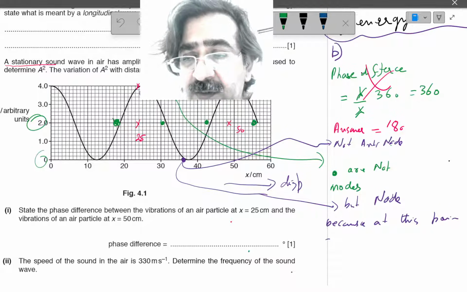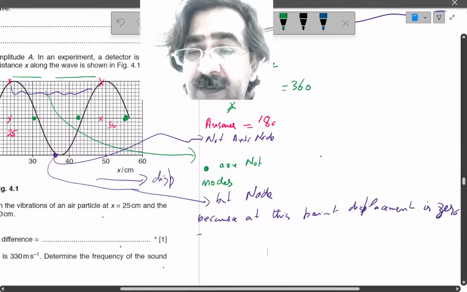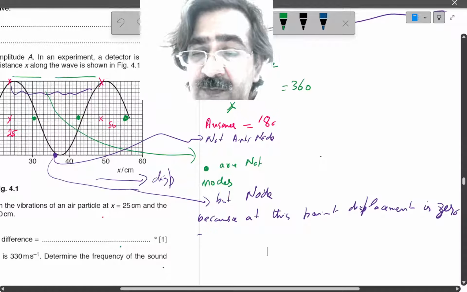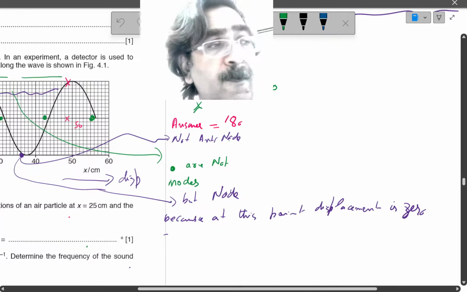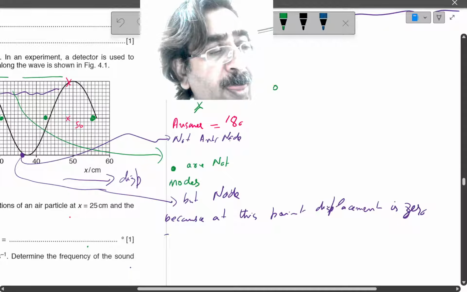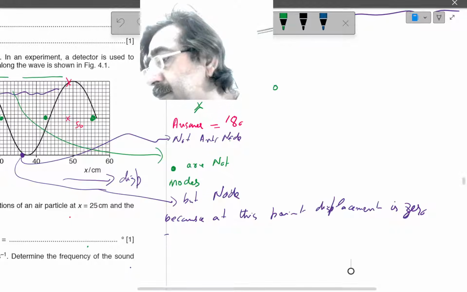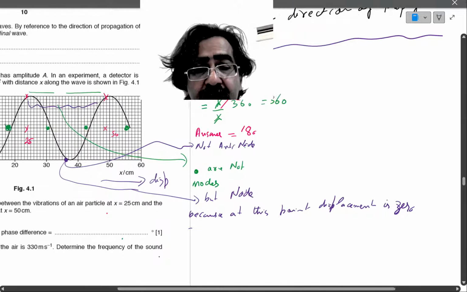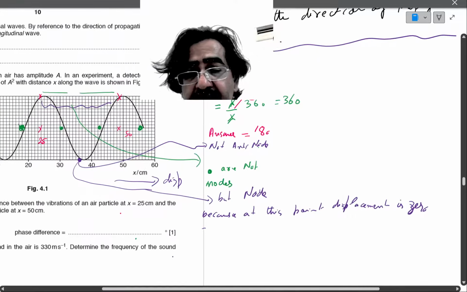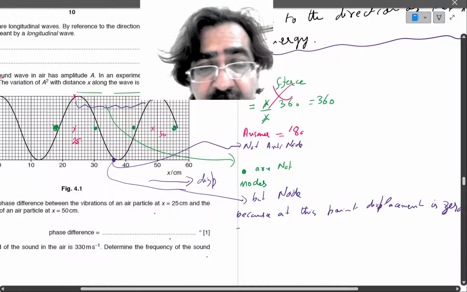Okay, so if I draw it, sorry, because this point is not a node.